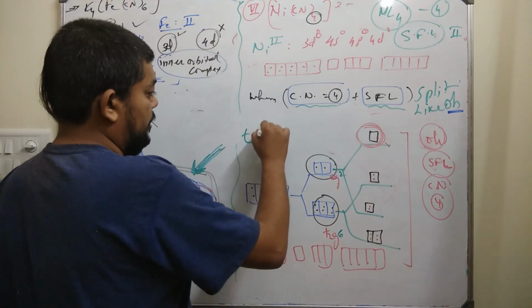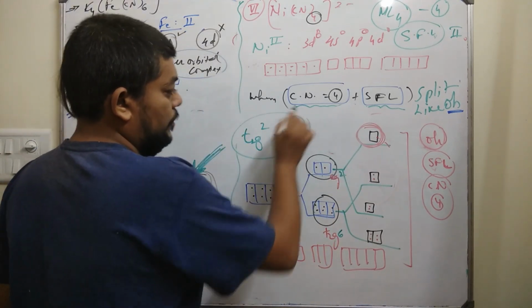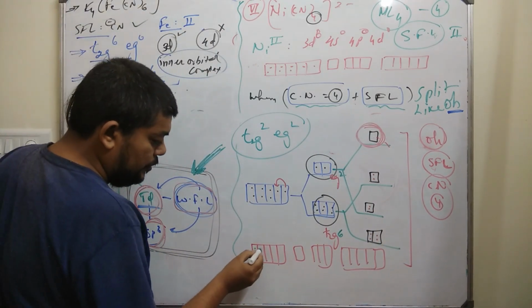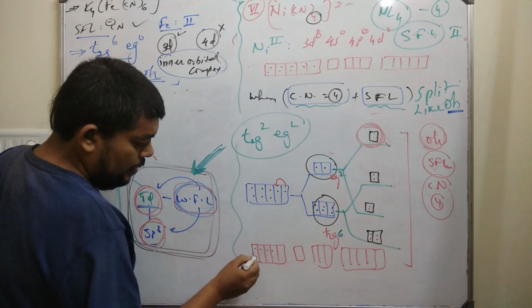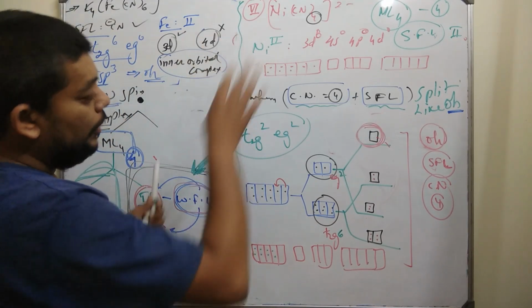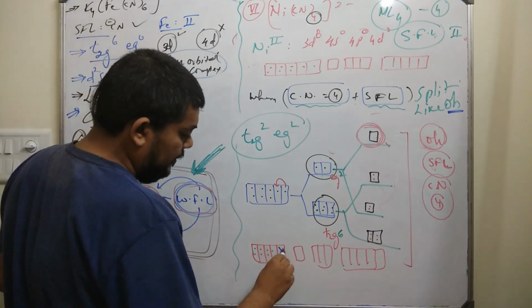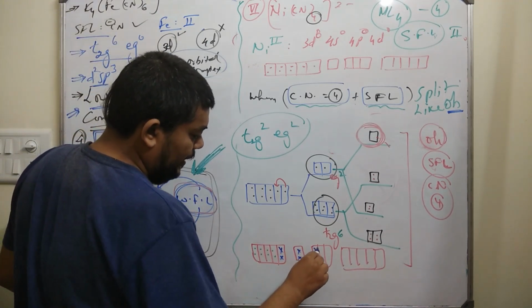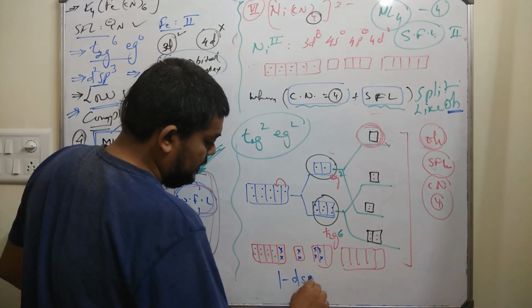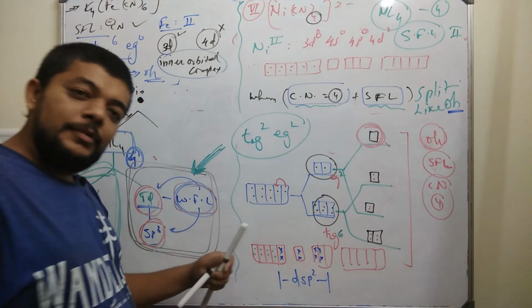You cannot make any change over there, but you can go a step ahead and give me a newer answer. 1, 2, 3, 4, 5, 6, 7, 8. Now 4 ligands are supposed to attack: first, second, third, fourth. So it is dsp2. Simple.